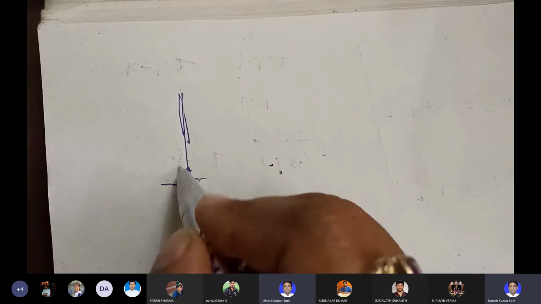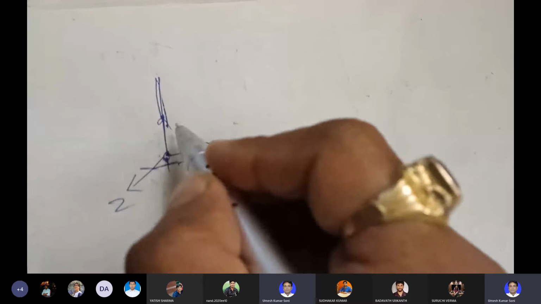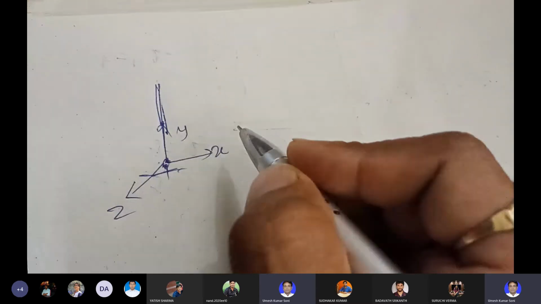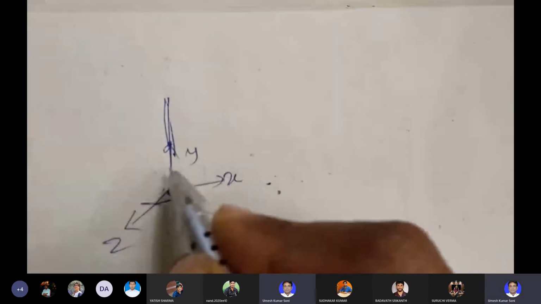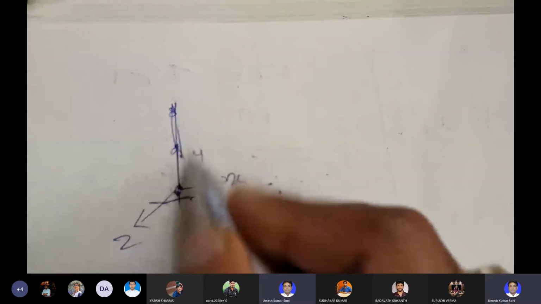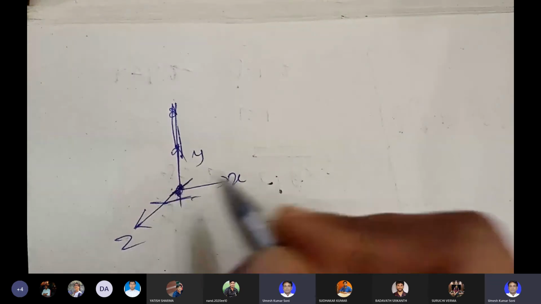Simply, link 1 is here. Suppose this is the joint here, and this is Z. Okay, and this is x, and this is y direction. As in the figure you have seen earlier, the link is in y direction, and the z direction is the axis of the joint.